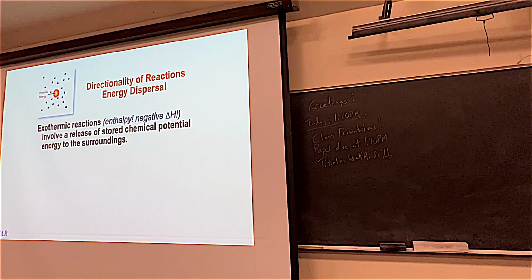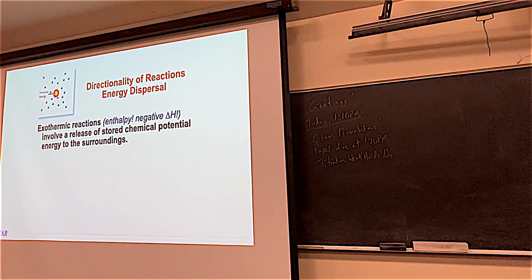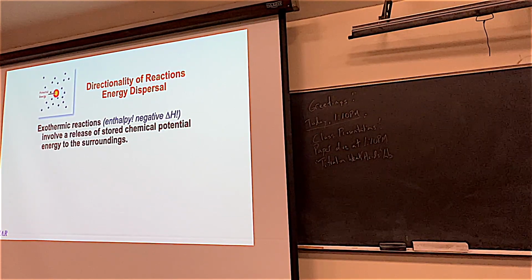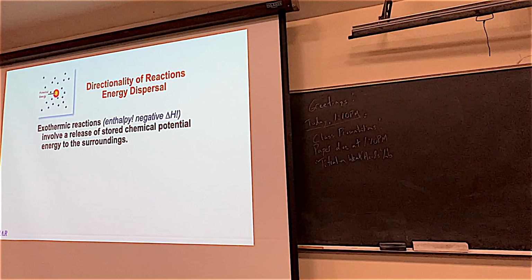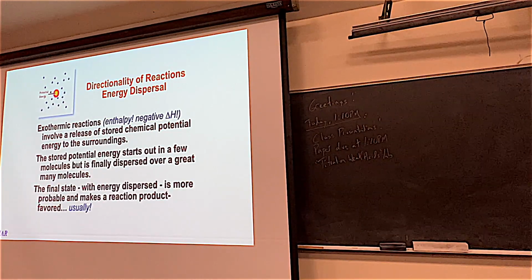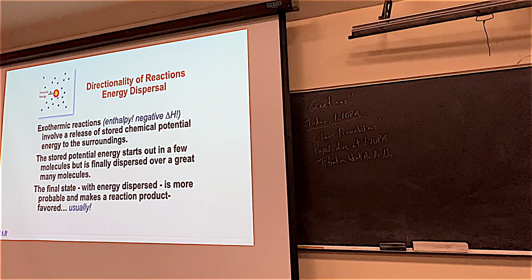Okay, so exothermic reactions with their negative delta H's, negative enthalpies, involve a change where the energy goes from the concentrated system to the more distributed surroundings. Energy is being dispersed, and those are very, very probable. Not 100% likely to happen, but very probable that they're going to occur. The energy initially you could think of as stored as potential energy, the energy that something can happen if you make it happen.